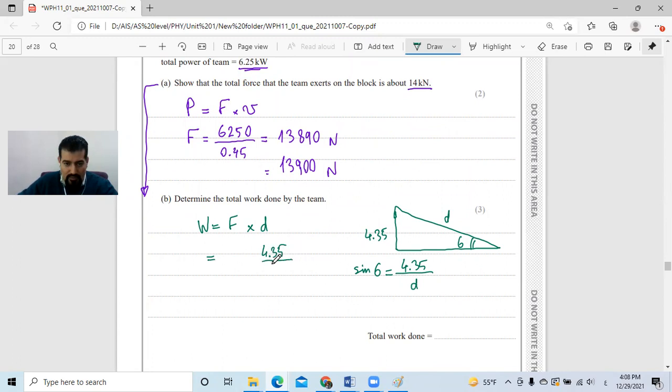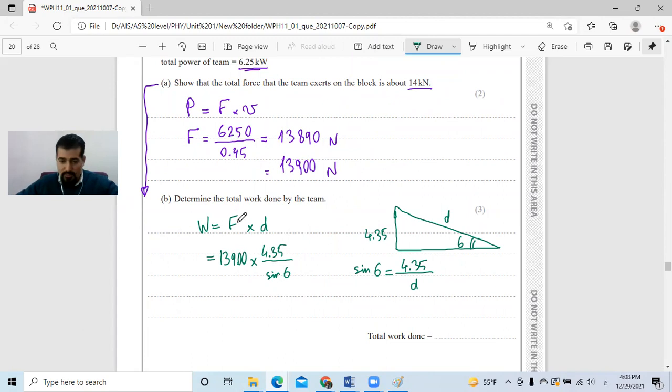4.35 over sine 6 multiplied by the force, which is 13,900. And by using the calculator, how much is the answer? So 13,900 multiplied by 4.35 divided by sine 6.